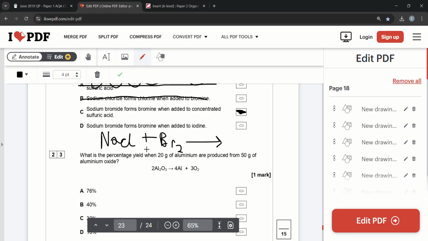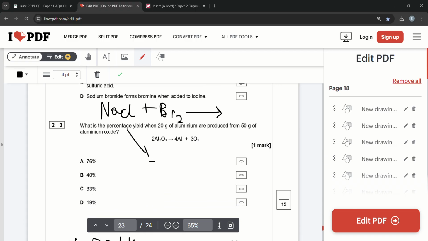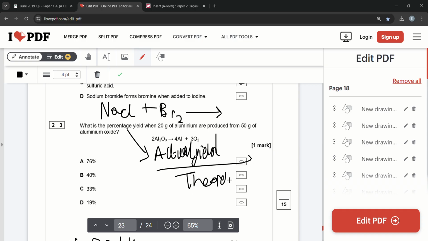Question 23. What is the percentage yield when 20 grams of this is produced from this much of this? Percentage yield is actual yield over theoretical yield, times by 100.